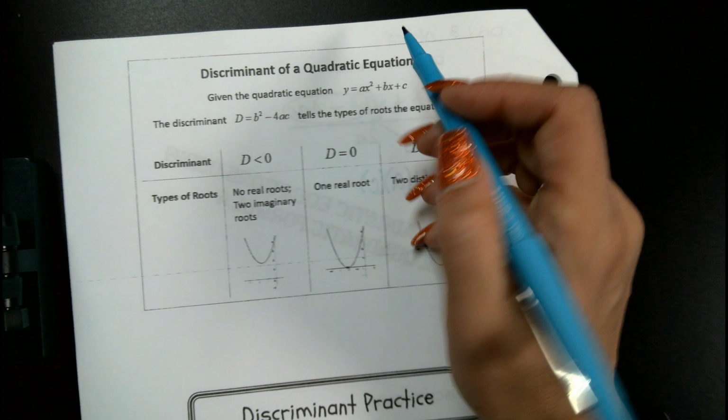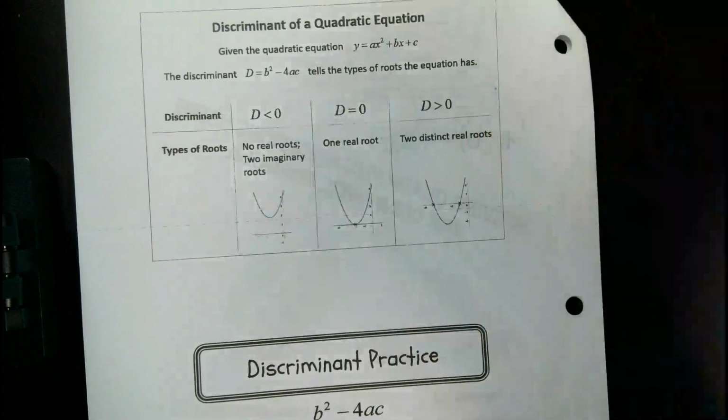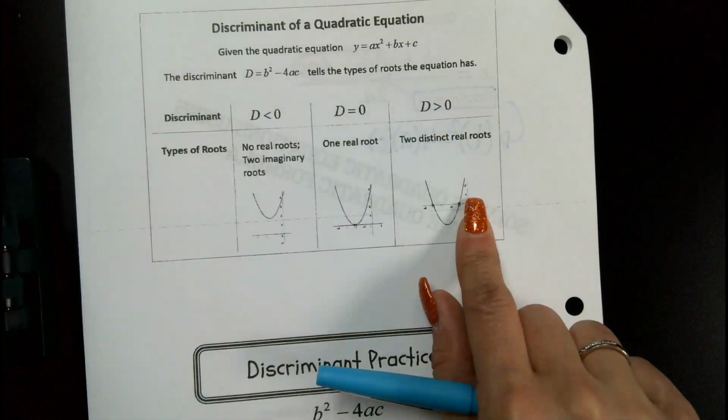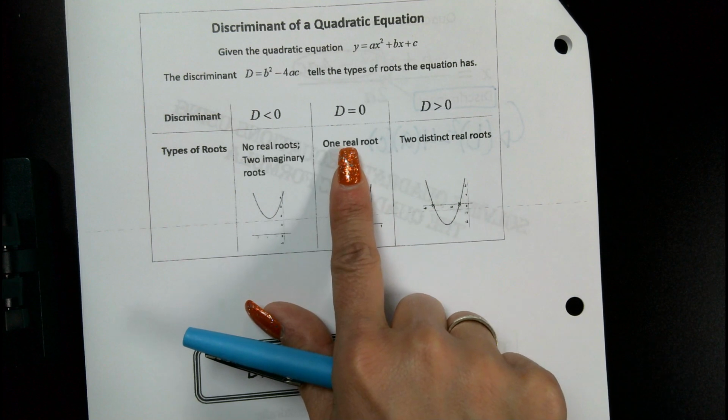Here's our quadratic. And these are the 3 different types of situations. Even yesterday on your notes, we talked about if the parabola crosses twice, there are 2 real solutions. If it only crosses the x-axis once, there's 1 real solution.